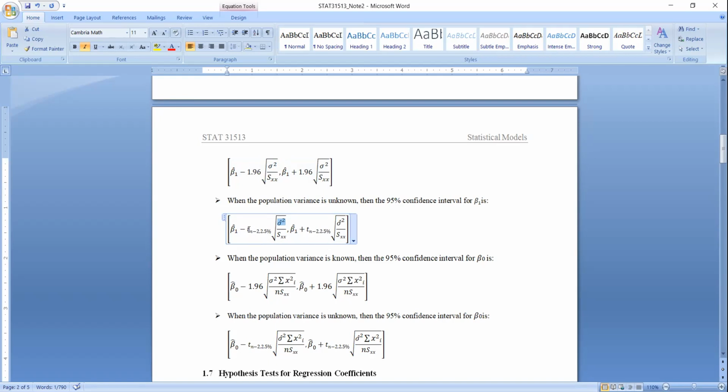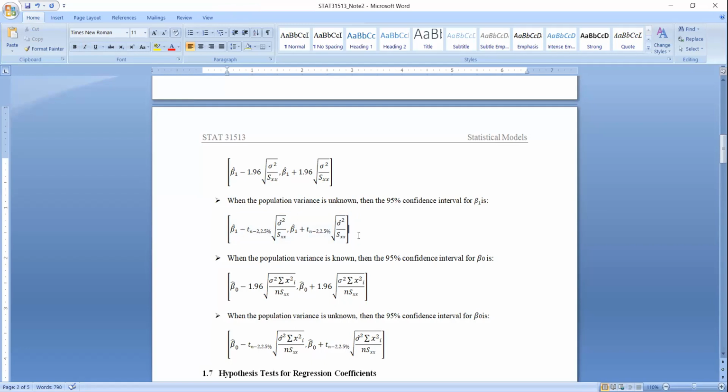Then you can again construct a 95% confidence interval for beta 1: beta 1 hat minus the t table value at 2.5% times the standard deviation term, and beta 1 hat plus the table value times the standard deviation term. You can use this to construct a 95% confidence interval for beta 1 when the population variance is unknown.